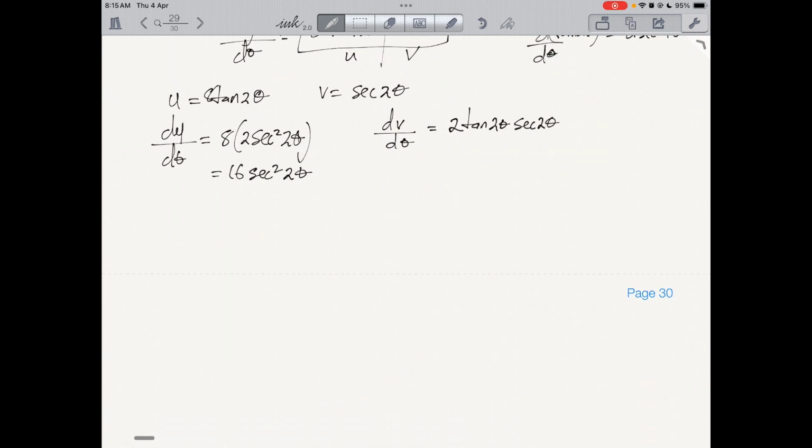Thus, applying product rule, we have that d²y/dθ² will be equal to v du/dθ plus u dv/dθ.